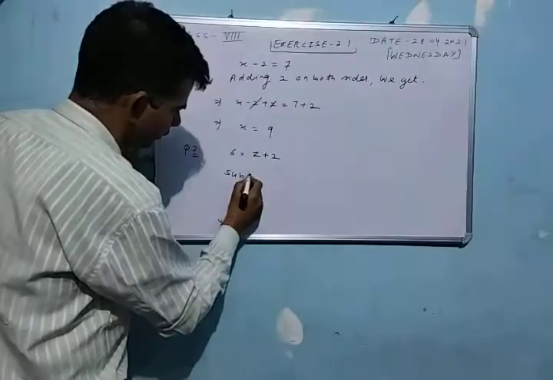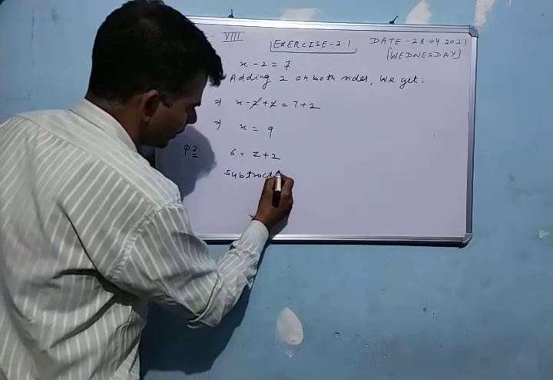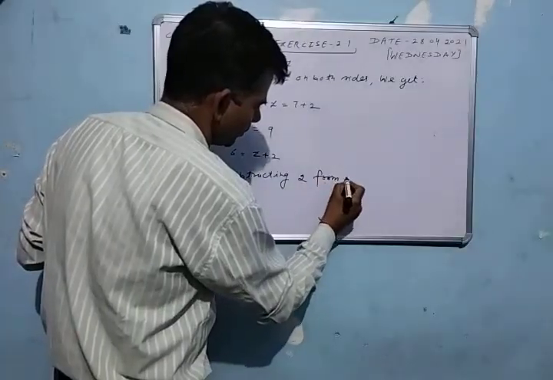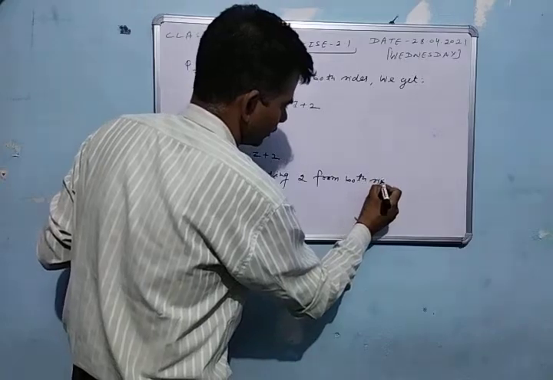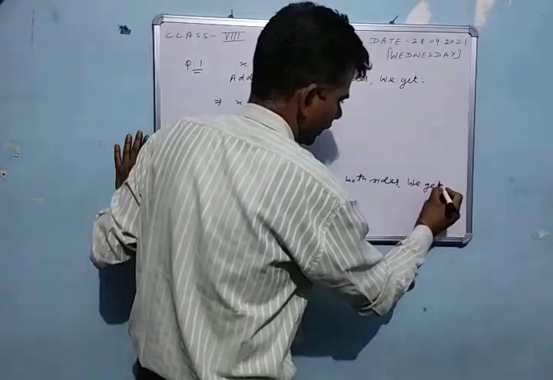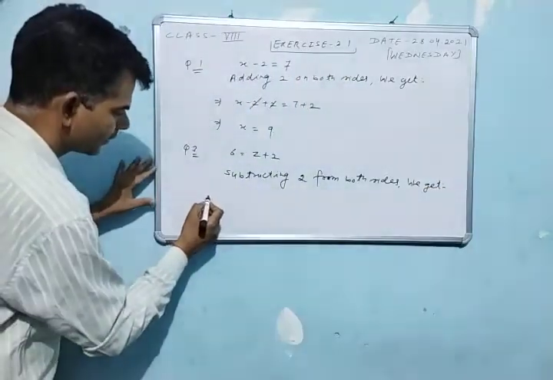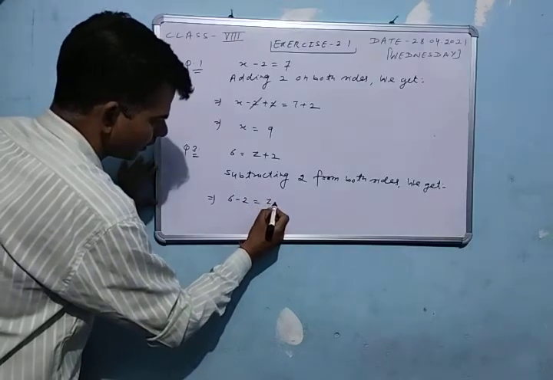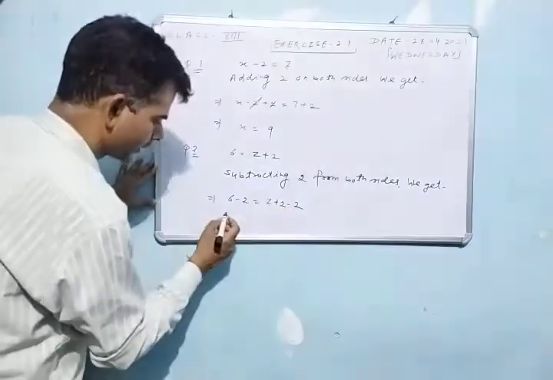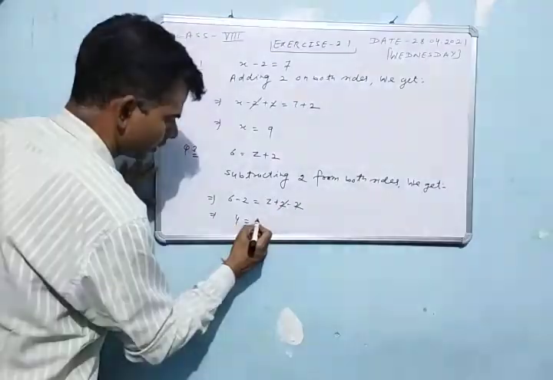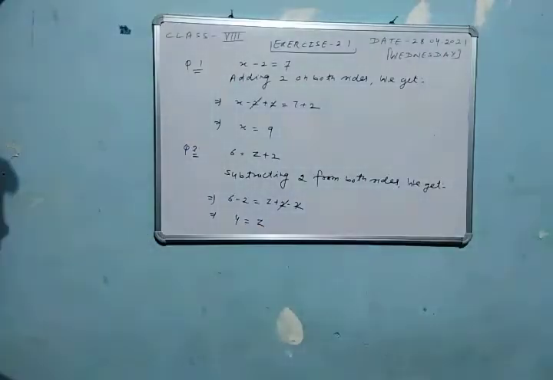Subtracting 2 from both sides, we get 6 minus 2 and z plus 2 minus 2. Student, 6 minus 2 is 4, and the 2s are cancelled out. The value of z is equal to 4. Student, note down it. There is no need to check it.